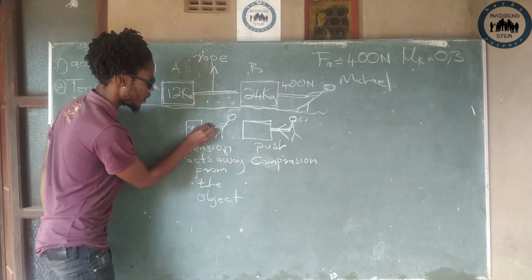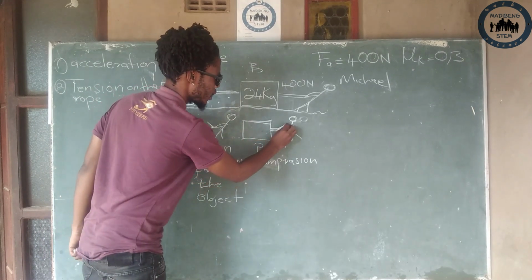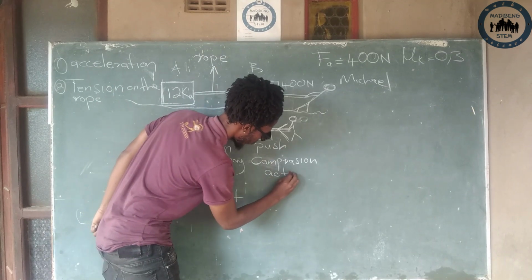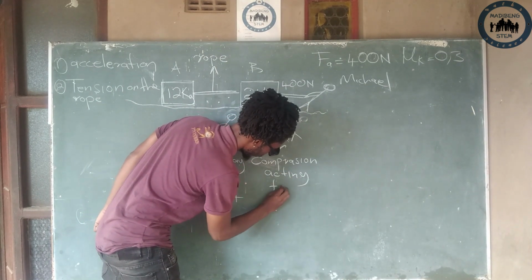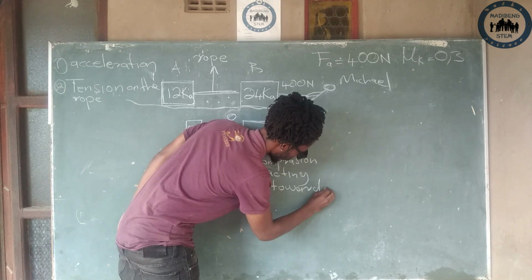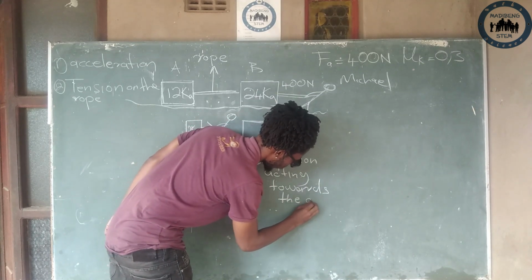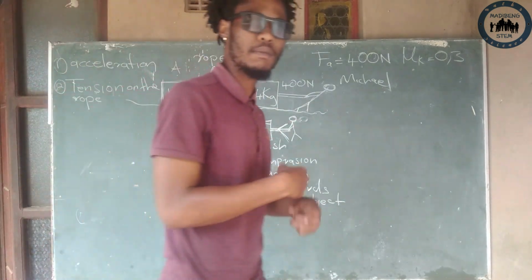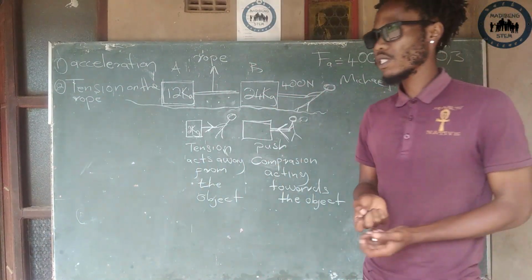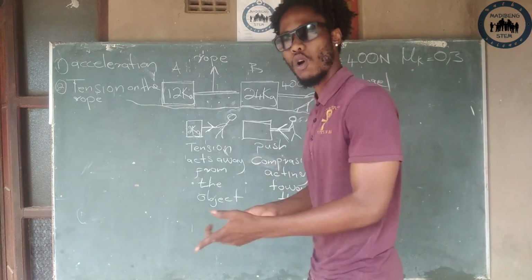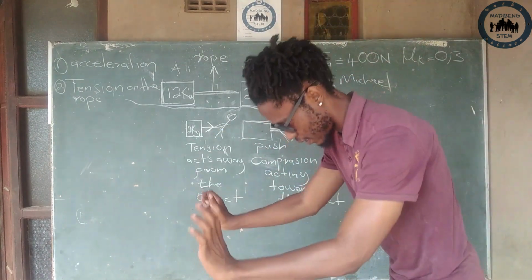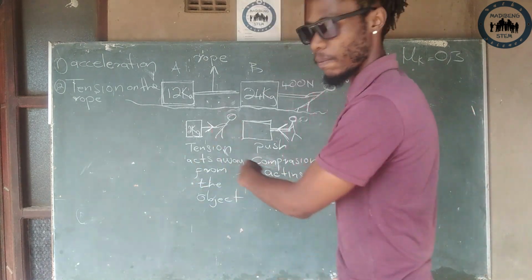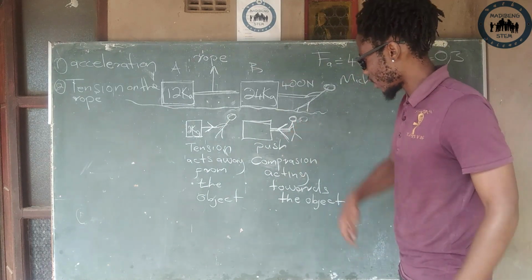You see, in this case it's acting away, in this case it's acting towards the object. You need to know these things. When you pull something with a string, the tension will act away from the object. But when you push, compressing, that force acts towards the object, like this one, you see.